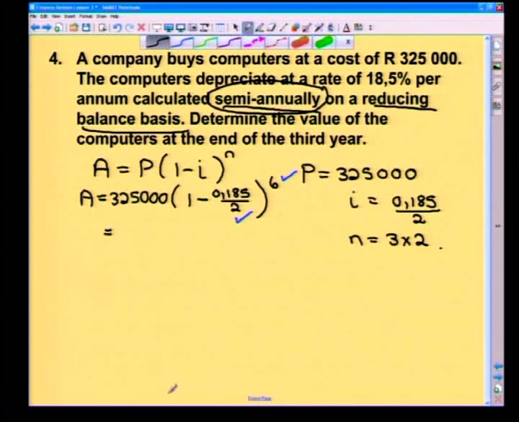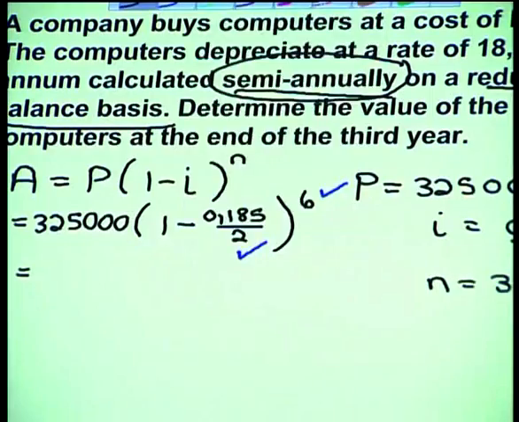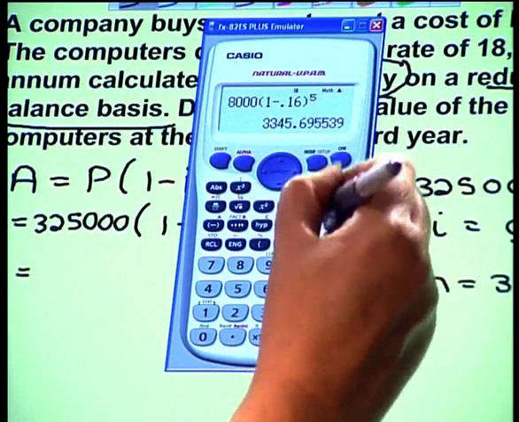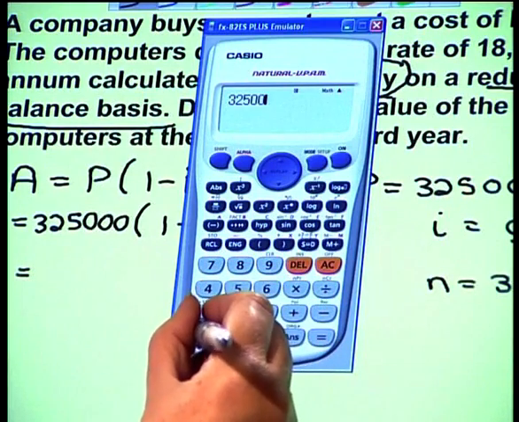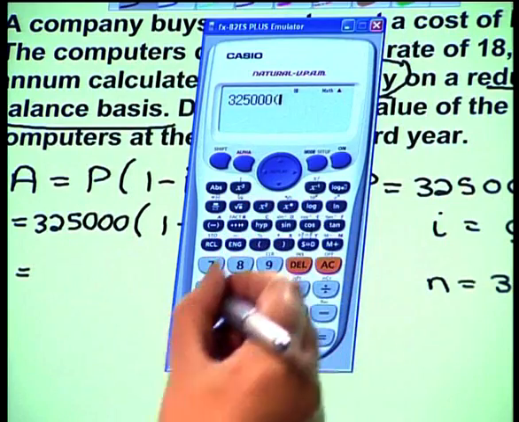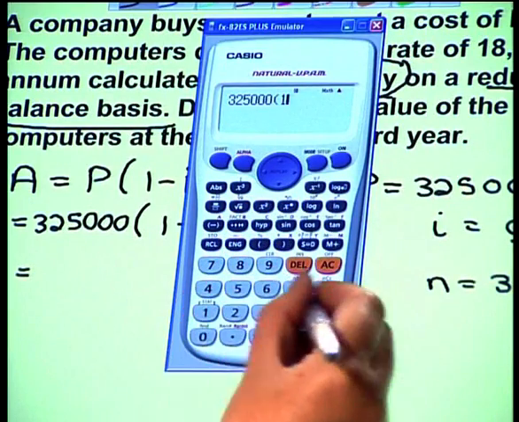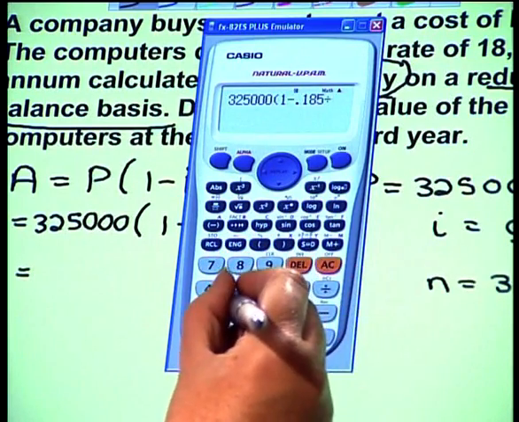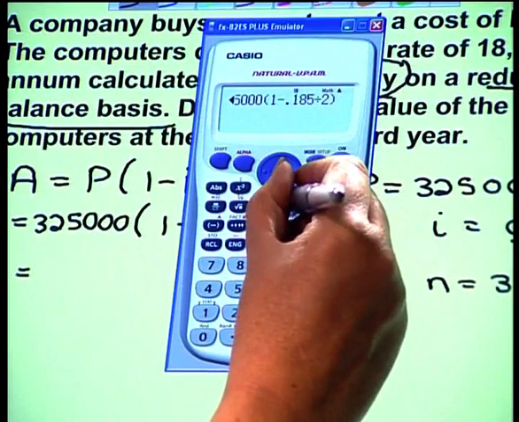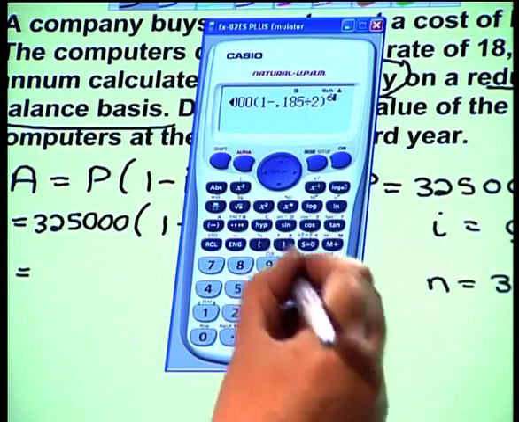So that's equal to, let's pull the calculator up. Okay, let's clear it. It's 325,000. Open your brackets. It's going to be 1 minus 0.185, divide by 2. Close my brackets, raise to the power 6.